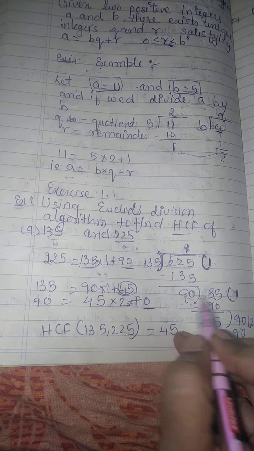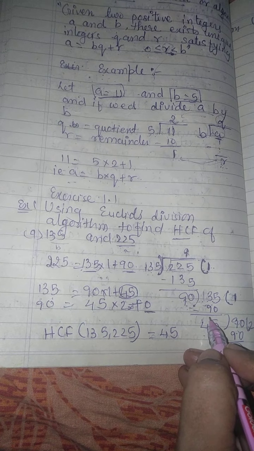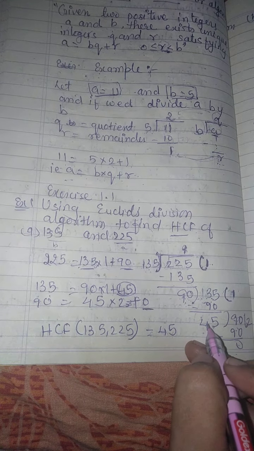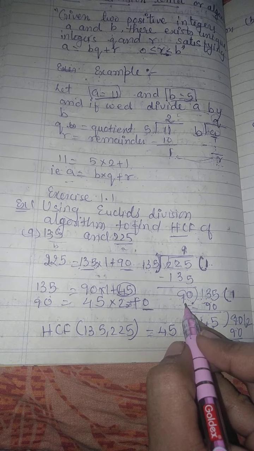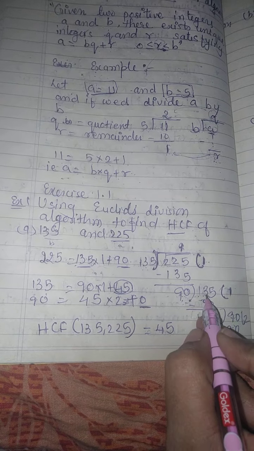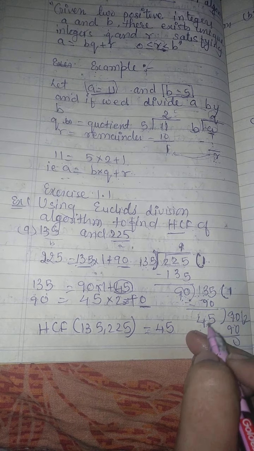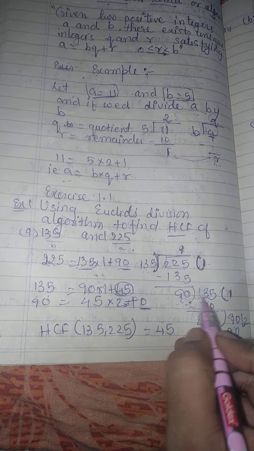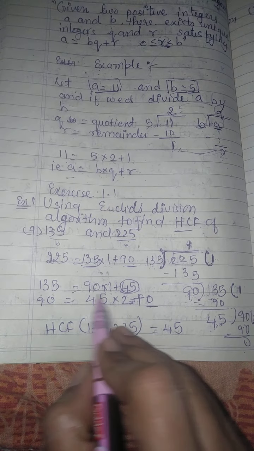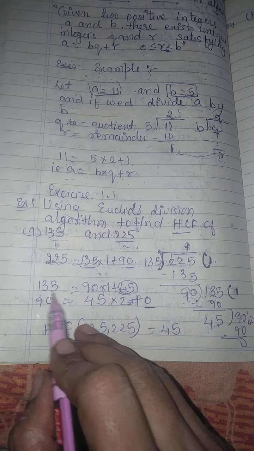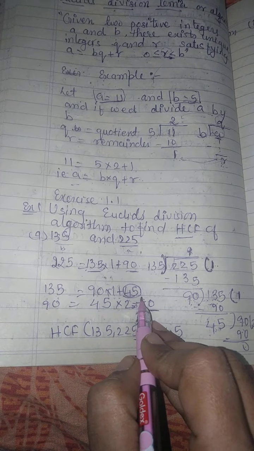Now divide it. 90 ones are 90. So 135 minus 90 you will get 45. Again by applying Euclid's lemma, dividend equal to divisor into quotient plus remainder. So 135 equal to 90 into 1 plus 45.